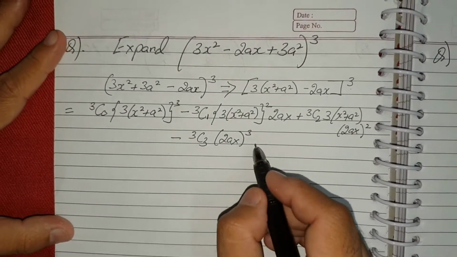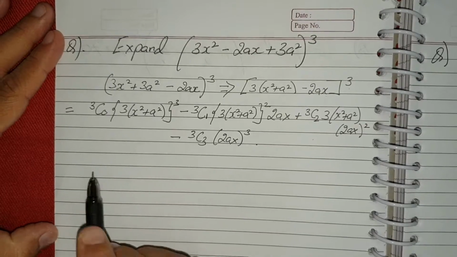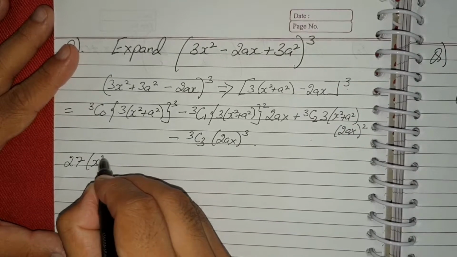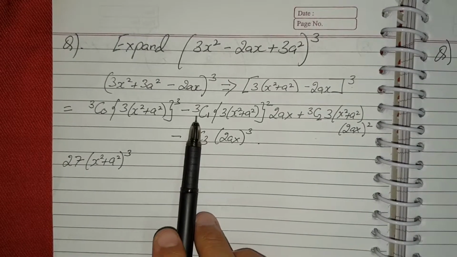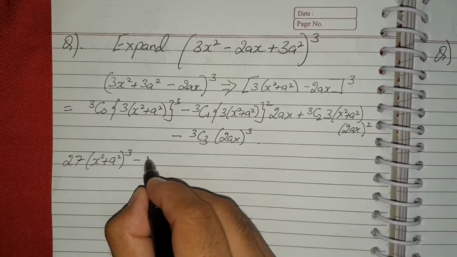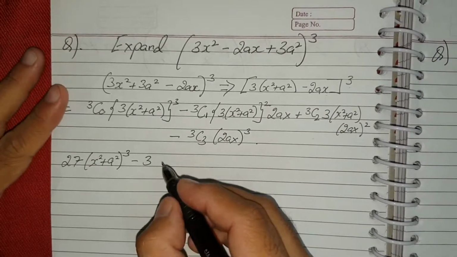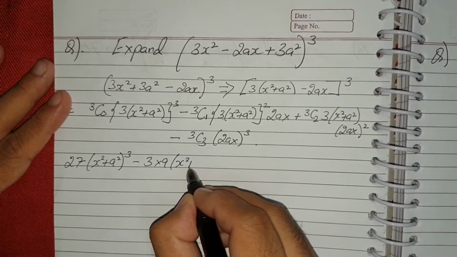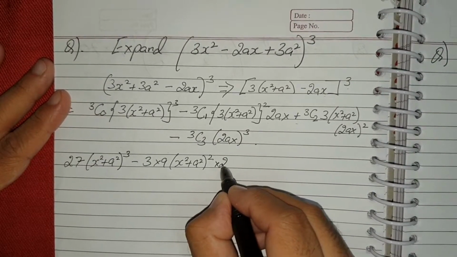Now, solve. We know that 3c0 is 1. Now, this is 3 cube, so this becomes 27(x square plus a square) cube. This is 3, this is 3, so you write minus 3, this is square, so this is 9 into 9(x square plus a square) whole square, and then into 2ax.